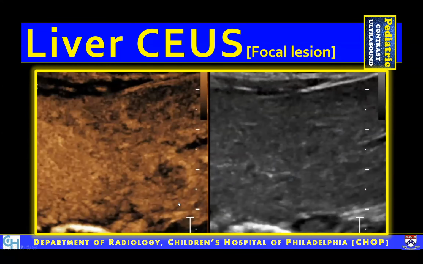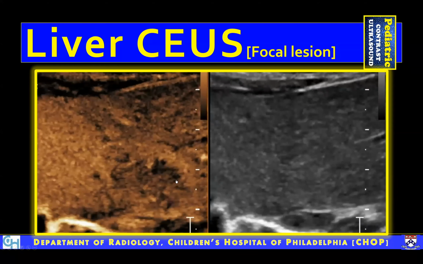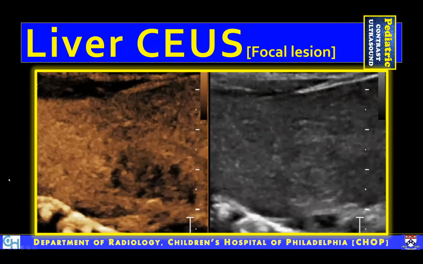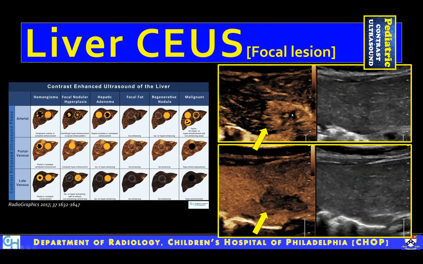And if you wait long enough, you see it's getting darker and washing out more and more. And with the static images, you see the enhanced one, and the delayed image, you see the clear washout.